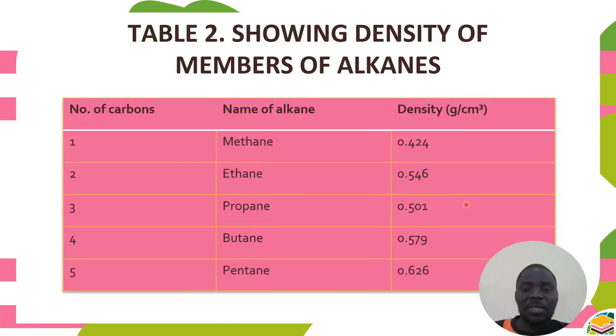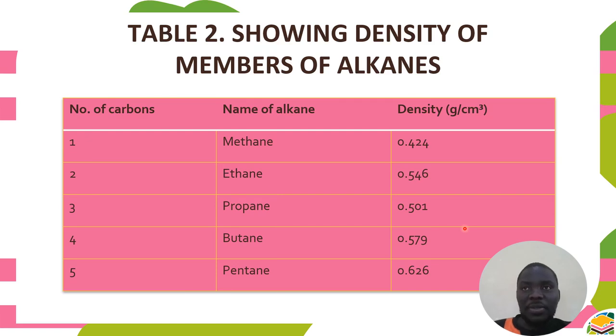We have a table here just to illustrate changes in density of the members of alkanes. We have methane here. As you are going down here, you can see that now the density is increasing. There are two reasons.